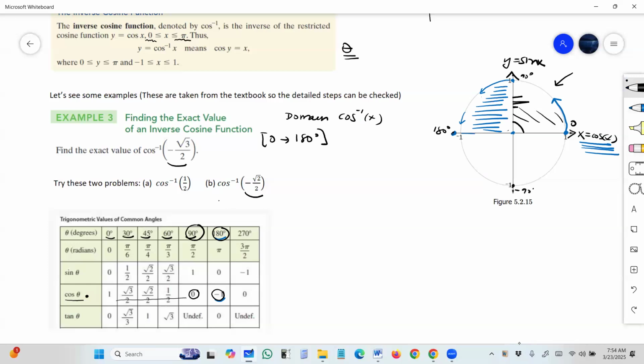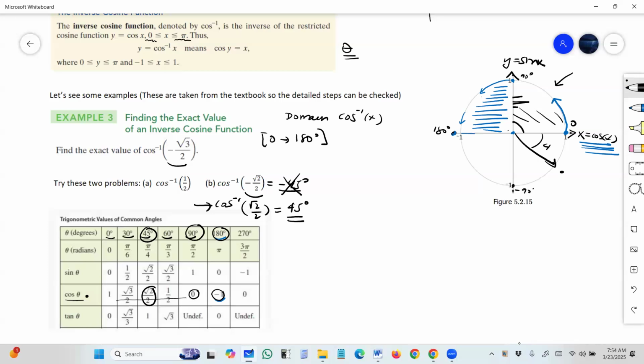So let's do a couple. Let's do the positive value first, and then we'll do the negative. Imagine I gave you this question right here: cosine inverse of radical 2 over 2. You go to the table or you memorize the table and you see radical 2 over 2, and you pick the angle 45, and you're done. This is it for the positive. For the negative value, you can't write minus 45 degrees. This is wrong, because minus 45 degrees would be here.